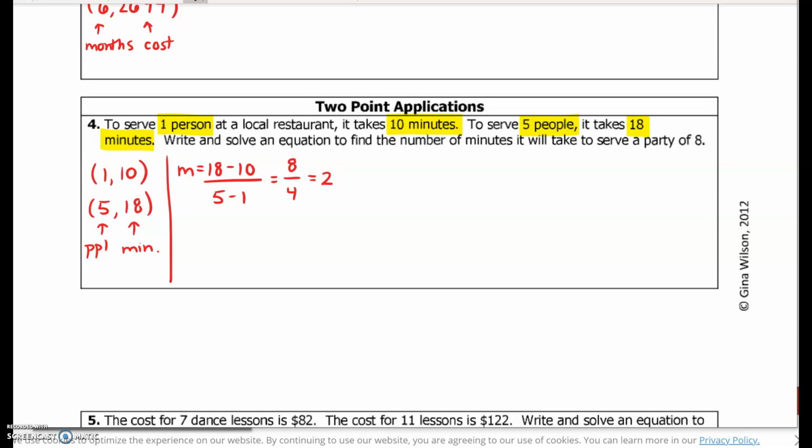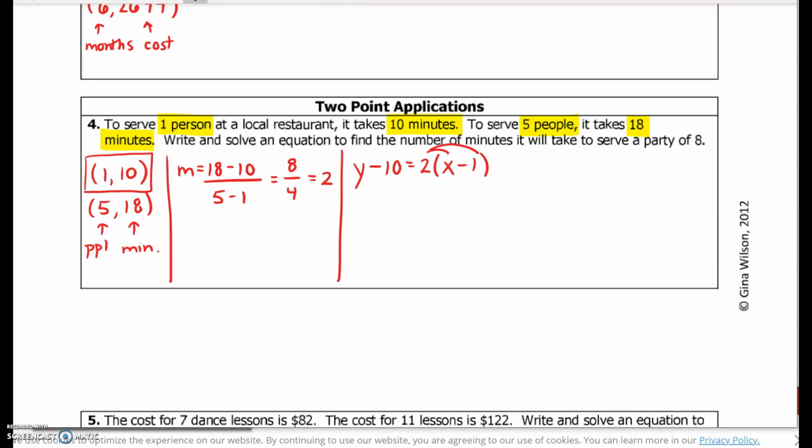After you have your slope, then you choose one of the points. I'm going to use the first one here just because the numbers are smaller, but you will get the correct result with either point. So we'll start by writing our point slope form. Y minus 10 equals 2, and then in parentheses, x minus 1.